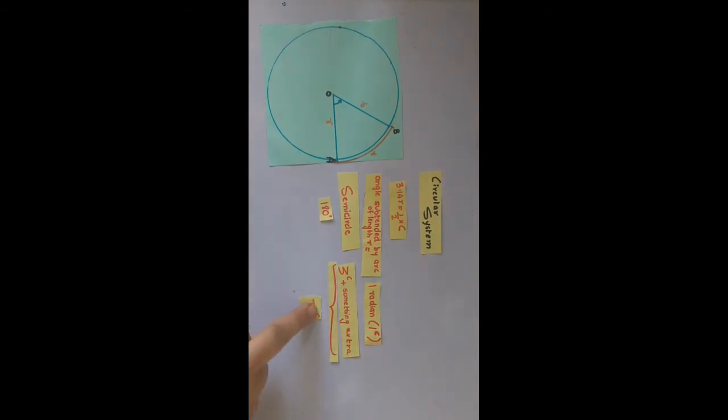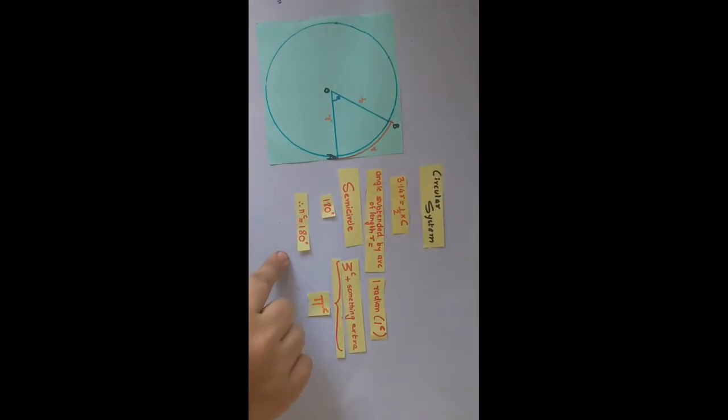So we get pi radians equals 180 degrees.